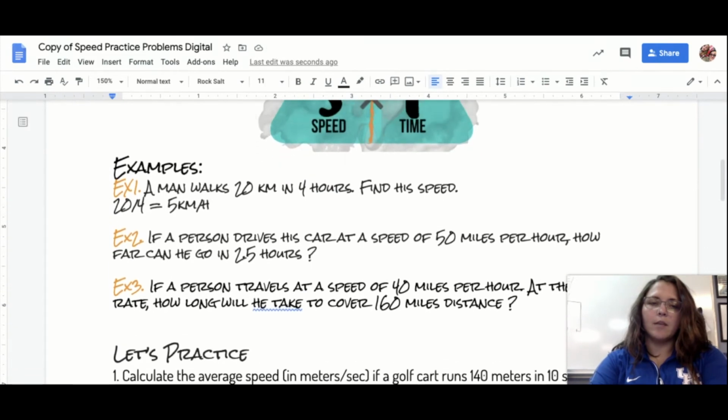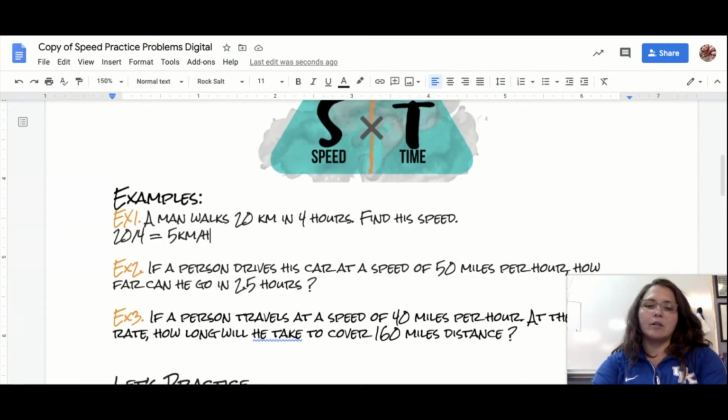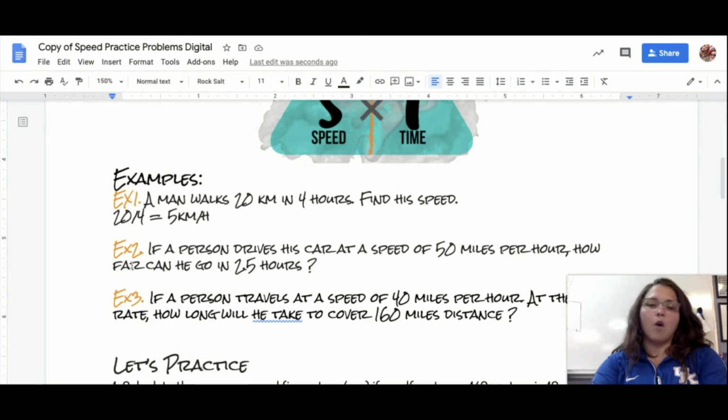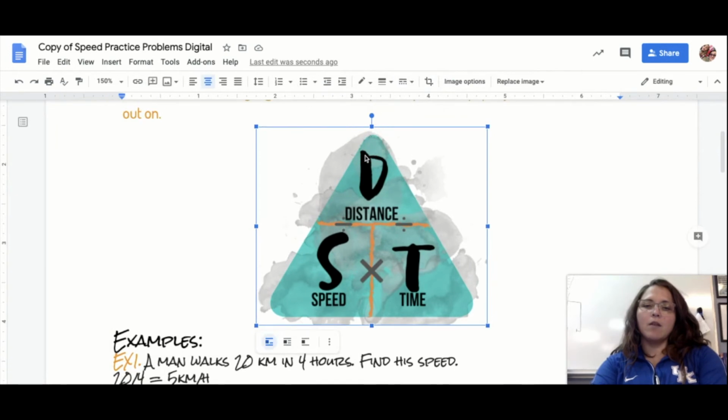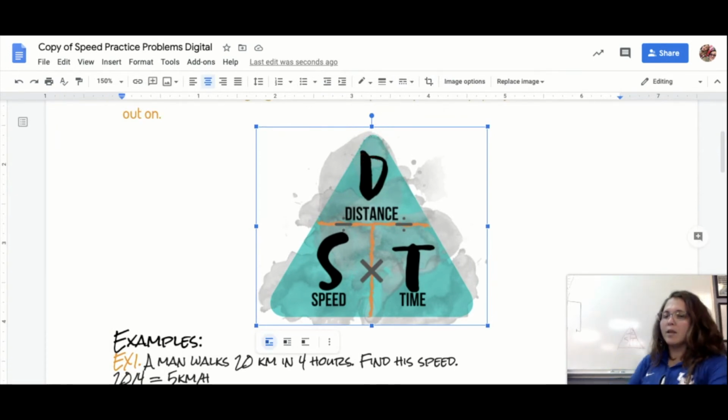Okay, next example. If a person drives his car at a speed of 50 miles per hour, how far can he go in 2.5 hours? So we're solving for how far, which would be distance. If I cover up the distance, I'm left with speed times time.